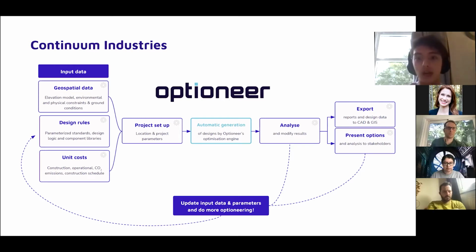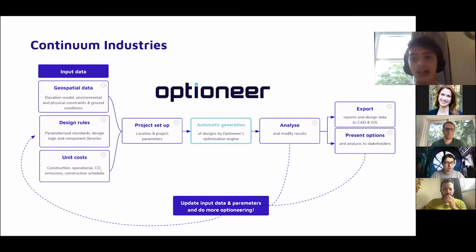Our main product, Optioneer, takes input data, for example, geospatial data or a design rule set, whatever we define the objective to be, the unit cost for building certain things. All of that input data will be plugged into our optimization engine, our algorithm.